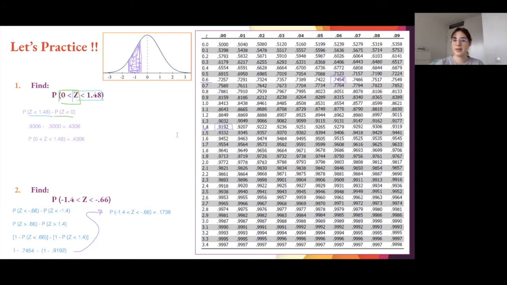I know it's a lot of extra steps because first it's negative, and you have to change to positive, and then you have to account for the signs. But this is exactly the level that they would probably ask if you had to find some sort of interval like this by hand. So it's really good to get in this type of practice and be really comfortable with these types of intervals.